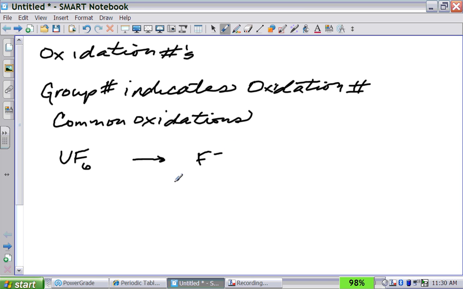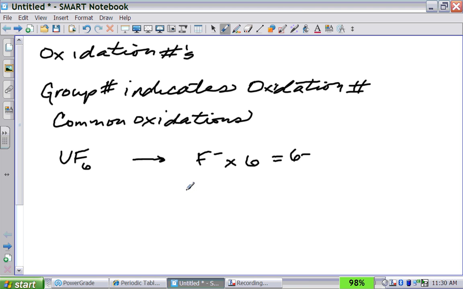Okay? And since there are 6 fluorines, if you multiply the fluorine oxidation state by the 6 atoms, then you'll know that the total charge for the fluorine in a uranium fluoride molecule will be 6 minus.